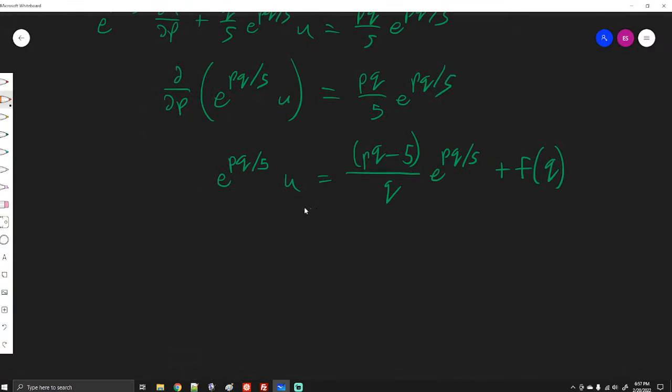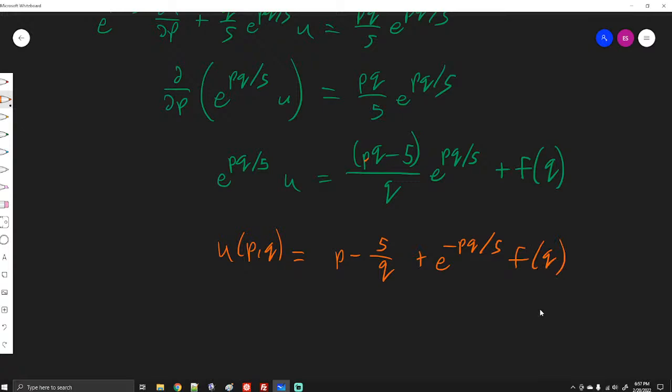So to solve for u, I divide both sides by e to the pq over 5. So on the left, I get u equals, so I'm going to divide these two terms here by q. So I get p minus 5 over q, and then plus e to the negative pq over 5 times the arbitrary function of q.